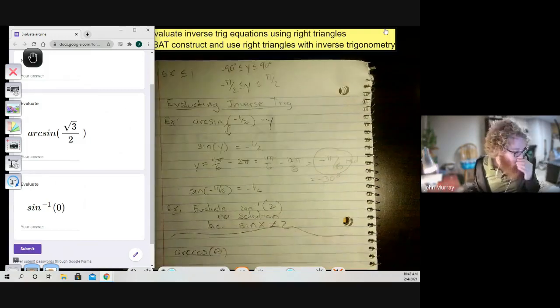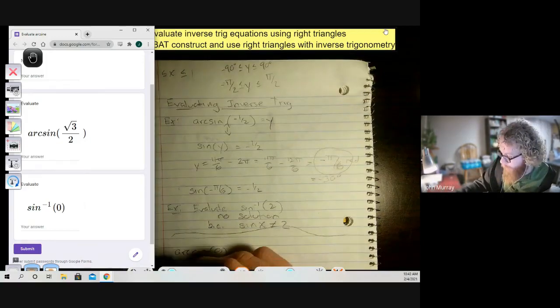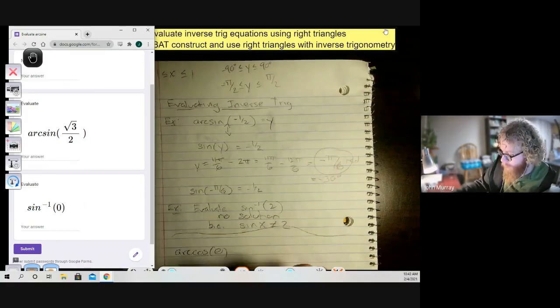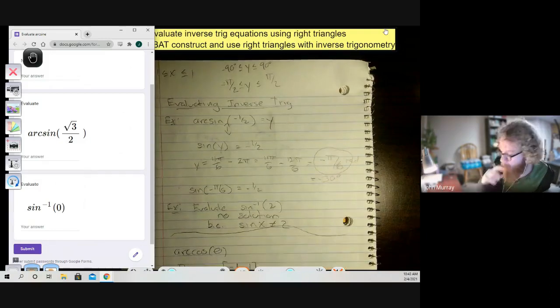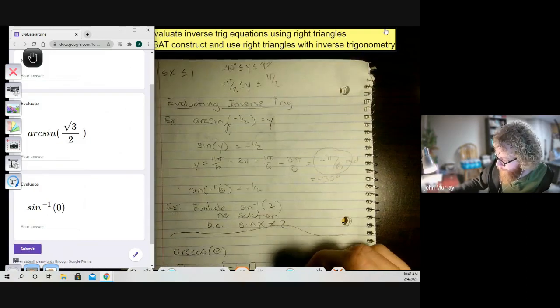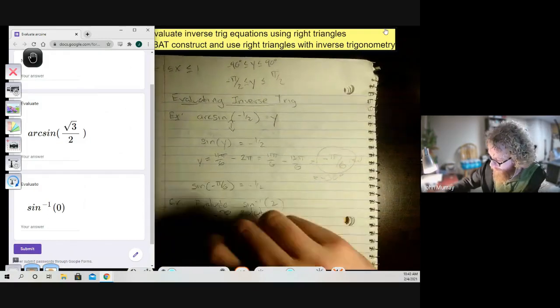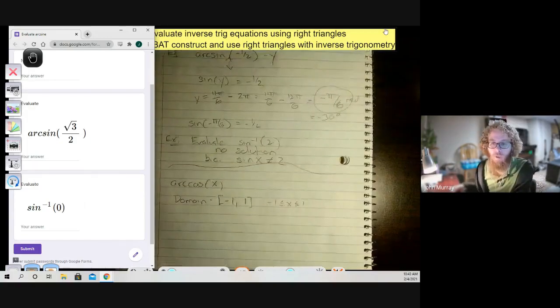All right, so arc cosine. Again, we have the same domain as arc sine, so it goes from -1 to +1, right? Or you can write it either way.